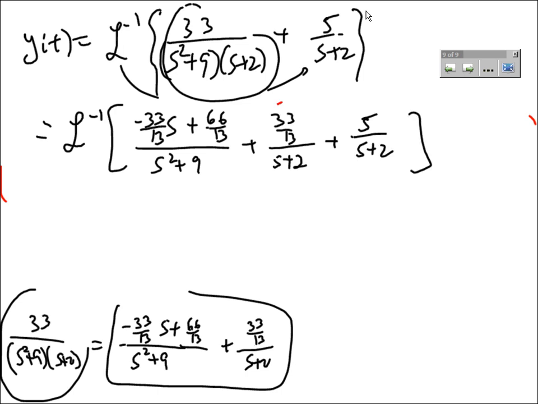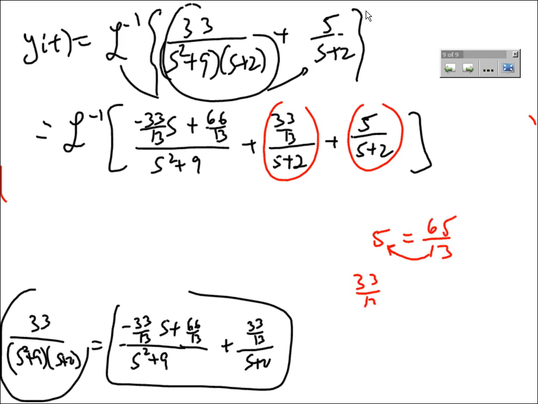Now, these two terms I'll try to add. 5 is equal to something over 13. Well, 13 times 5, you should know, is 65. So we have 33 over 13 over s plus 2, and you're going to add 65 over 13 over s plus 2.